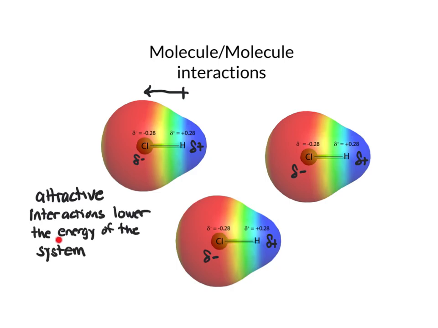The lower the energy of the system, the more stable the system will be. And so we're going to end up with the most stable, lowest energy system when we can interact these separate molecules such that the negative end and the positive ends are aligned with each other.